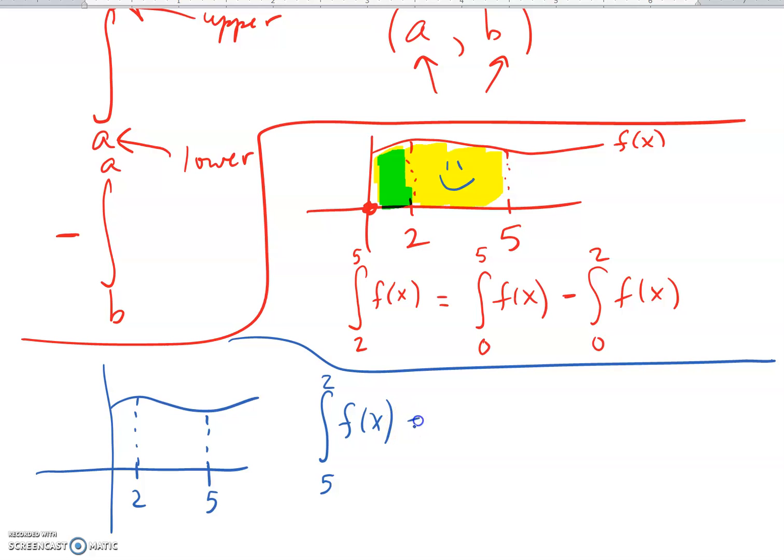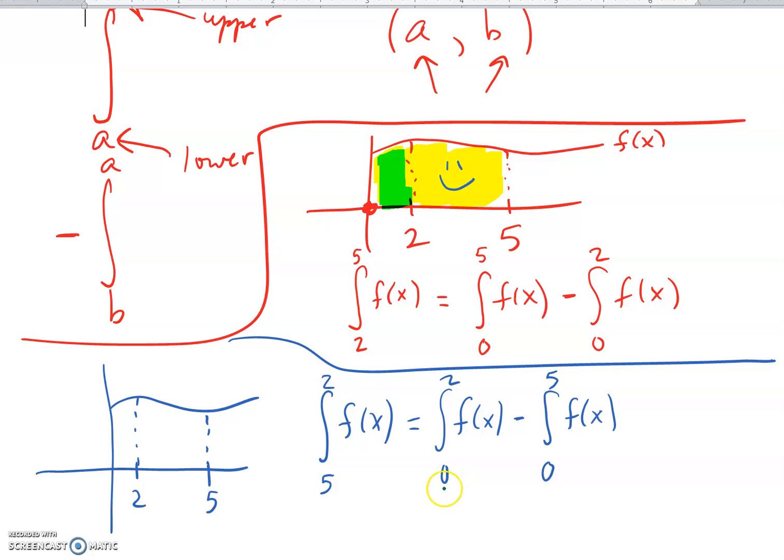So what this says now is that you're taking the upper bound, which is now lower actually, that's weird. So from 0 to 2 of f of x, and I'm taking away a bigger area from 0 to 5. So what happens when you take away a bigger area is that you end up with a negative value.